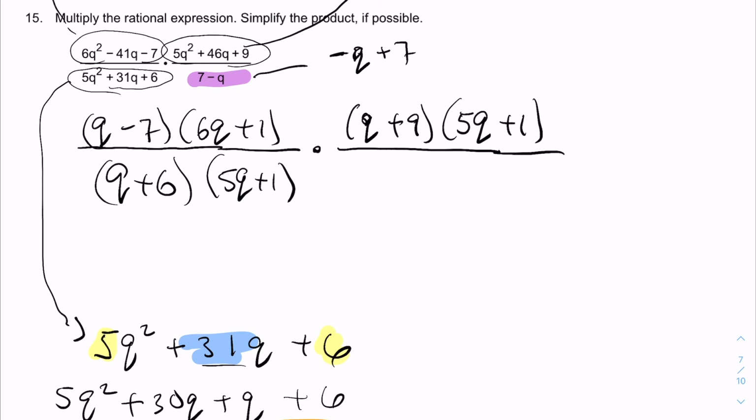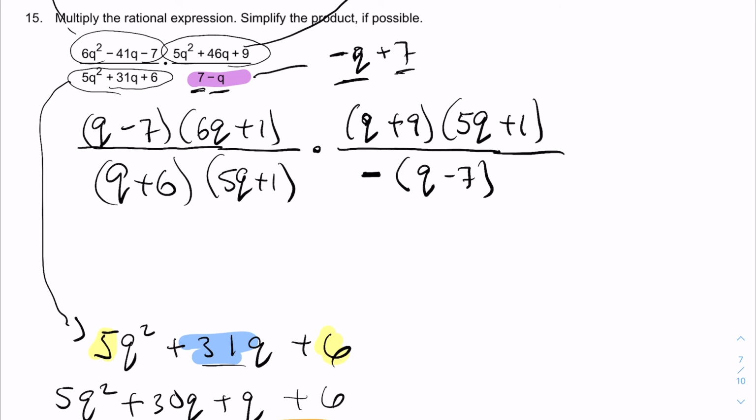That gives us a negative times q minus 7, and we know that's correct because negative 1 times q gives negative q, and negative 1 times negative 7 gives positive 7. The only reason we do that is because it puts the q's first and the constant second, and it makes it easier for us to find our common factors.